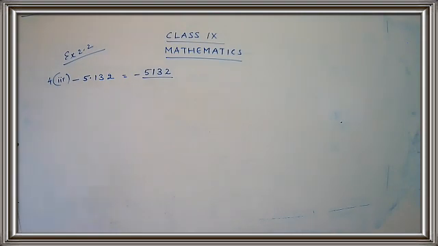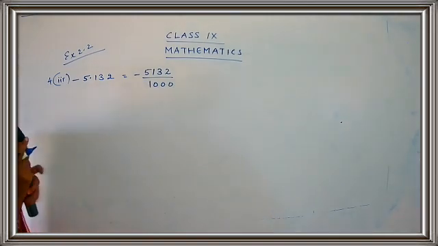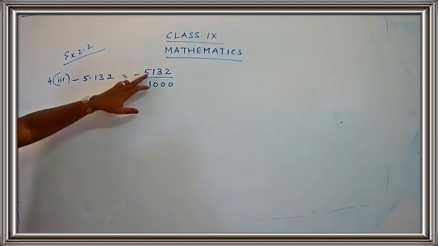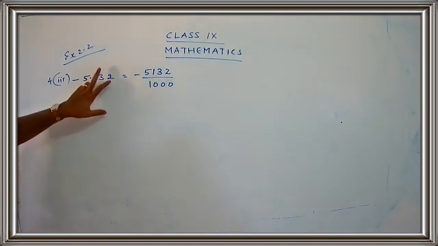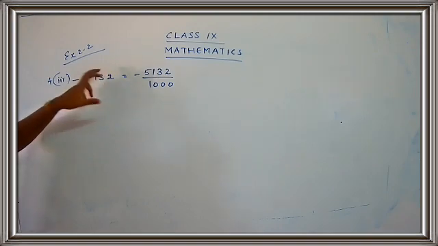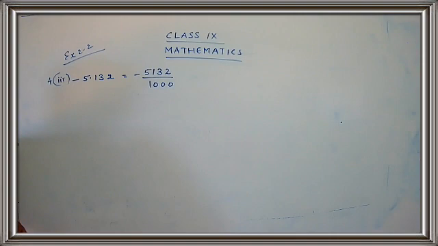Yes. So how many zeros do you have to add? 3 zeros. So what is the number? 1000. So what do you get? Minus 5132 upon 1000. This is the answer. Very simple things you can see. Because here the bar was not present, we can do the sums directly.